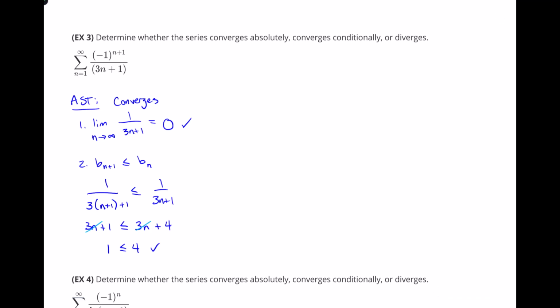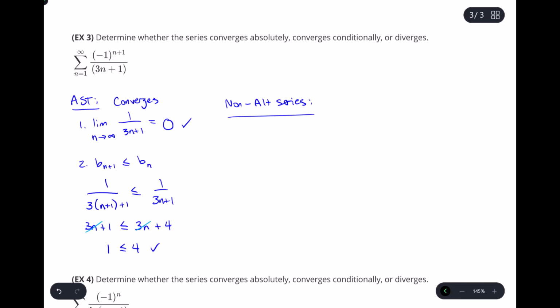Then let's check the non-alternating counterpart, which in this case would be just the series n equals 1 to infinity of 1 over 3n plus 1. And that particular series being a rational function, I would probably use the limit comparison test for that.